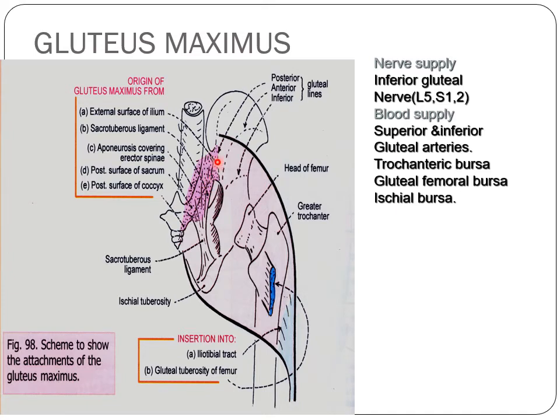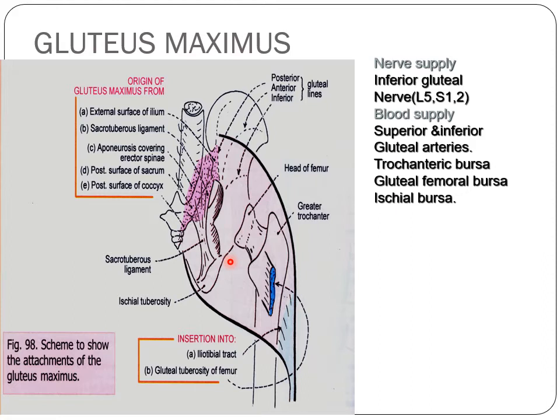So the origin of gluteus maximus is the external surface of the ilium, sacrotuberous ligament, aponeurosis covering the erector spinae, posterior surface of the sacrum and posterior surface of the coccyx. This is the origin of gluteus maximus. And for insertion, some fibers are inserted into the iliotibial tract, and some fibers into the gluteal tuberosity of the femur.